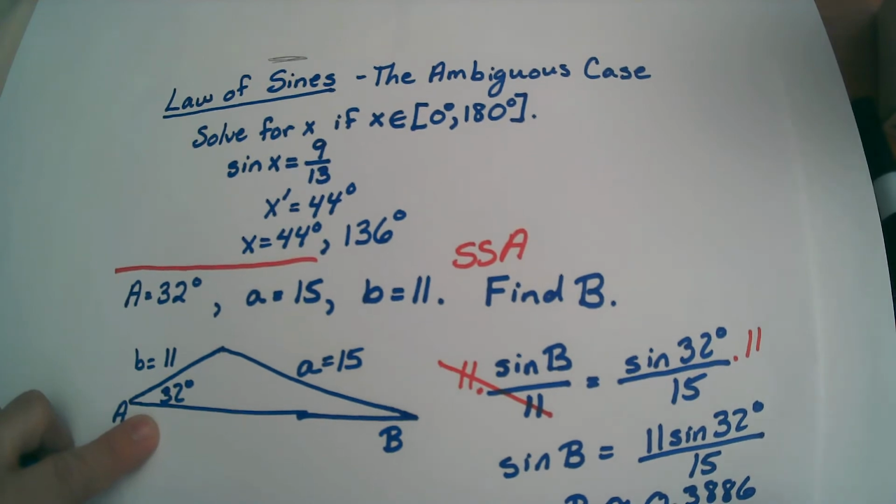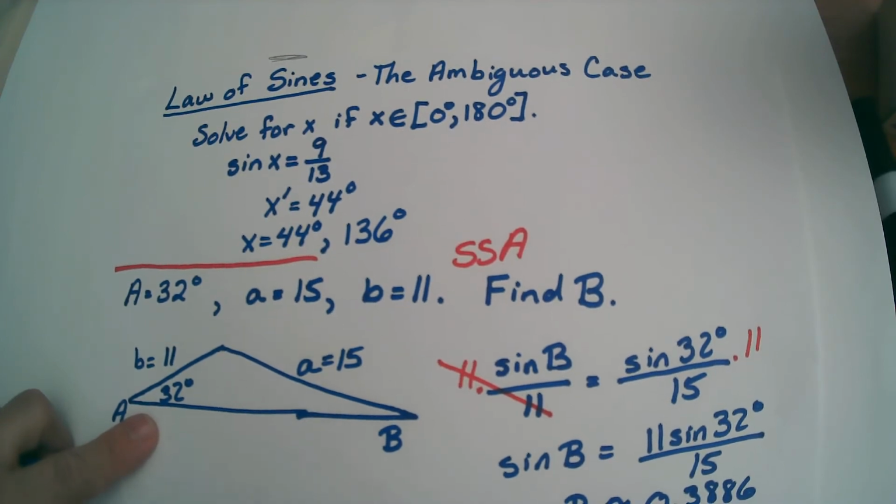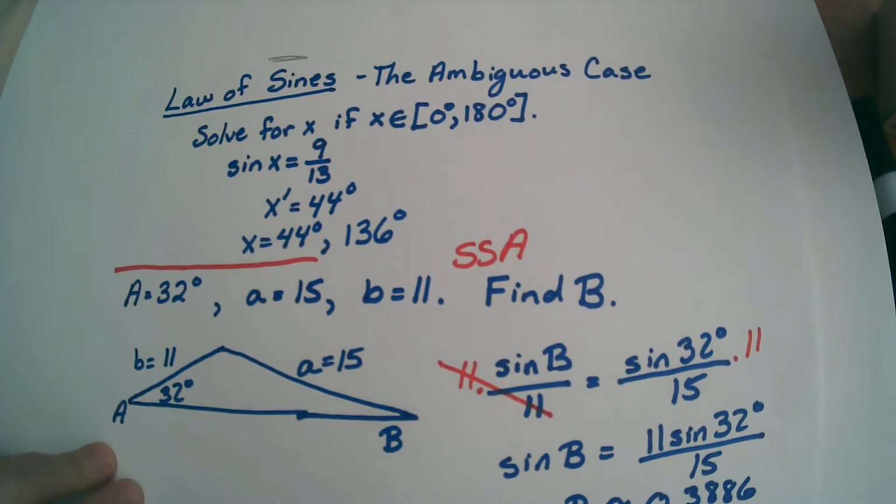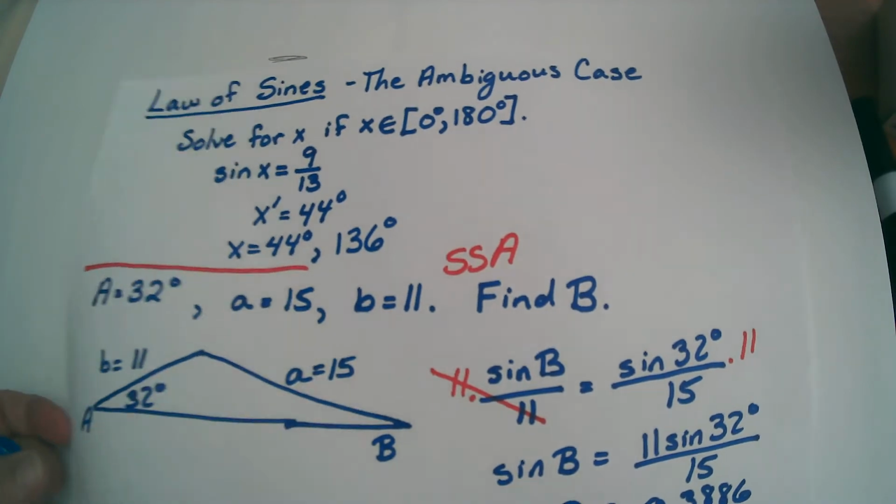So the only possible value for angle B in this scenario is 23 degrees. This is not the ambiguous case because there is only one angle possible. Let's move on to the next example.